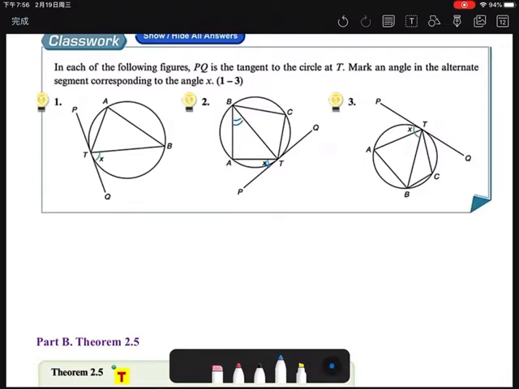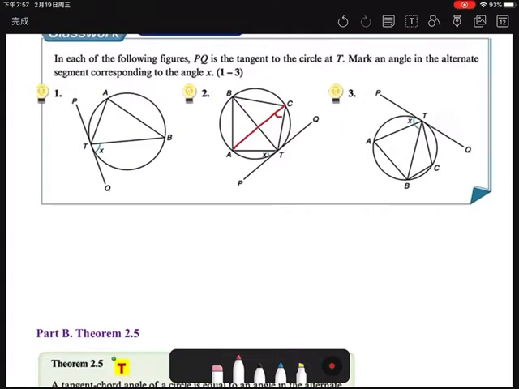It is angle ABT, for this chord, and this is the alternate segment. So the angle in the alternate segment is angle ABT. But actually here we have one more angle that is also an angle in the alternate segment, which is angle ACT.